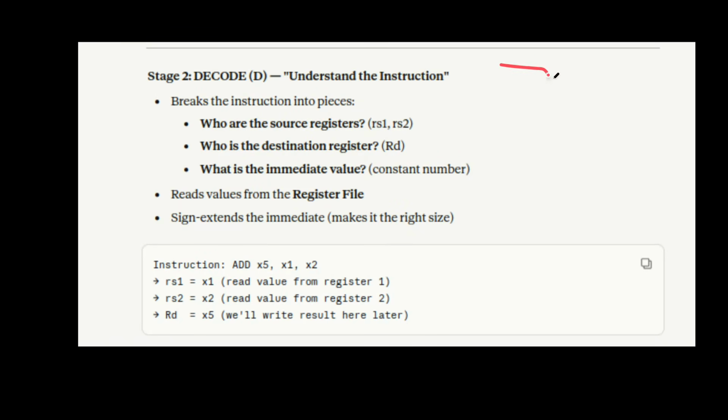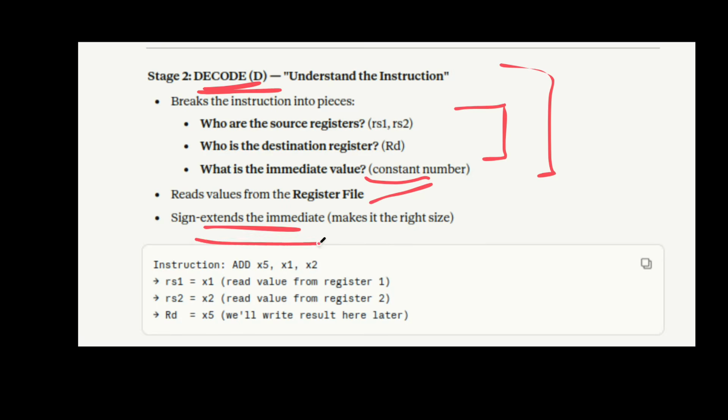Decoding means you are understanding the instruction, decoding the instruction, finding out what the registers in it are, who the destination register is, and if there is an immediate value. In the decoding itself, we are basically reading the values from the register file and sign extending the immediate. Writing to the register is not here, sorry, that's my bad.